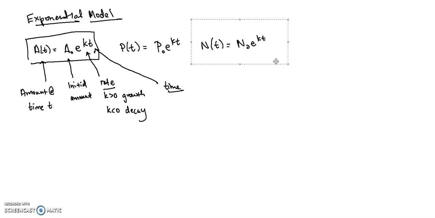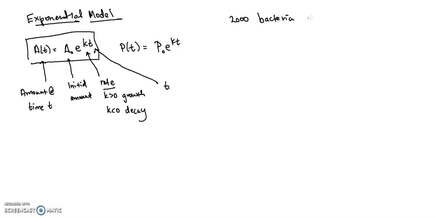All right, so let's look at an example. Most of these are set up like word problems. So let's say that we have 2,000 bacteria that are growing according to, and we're going to be given the equation for this one.